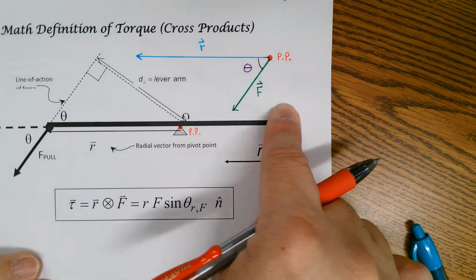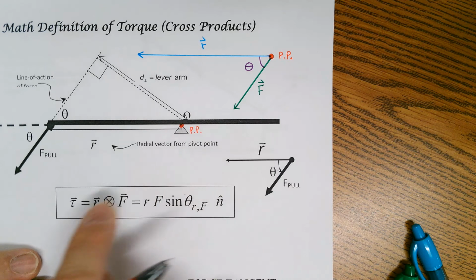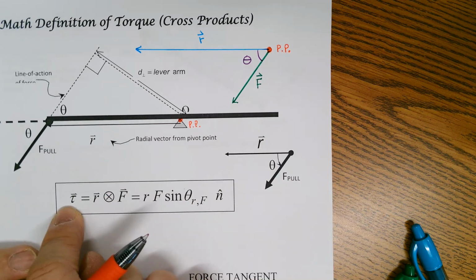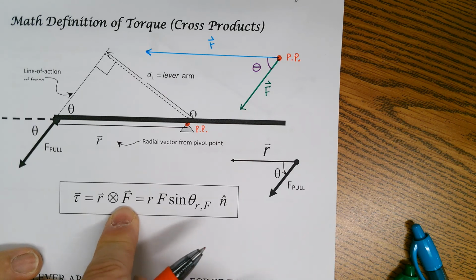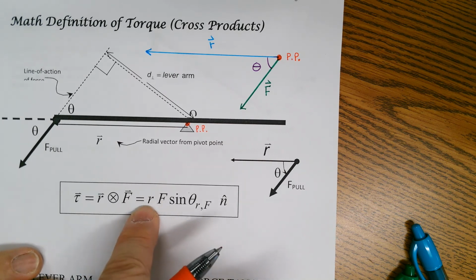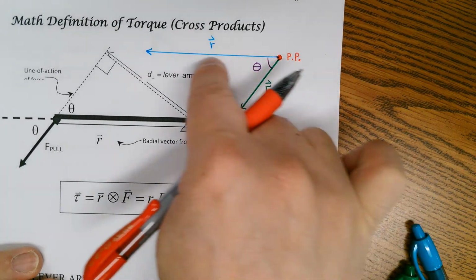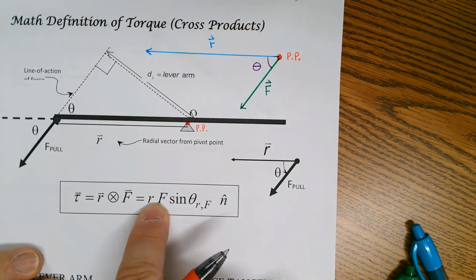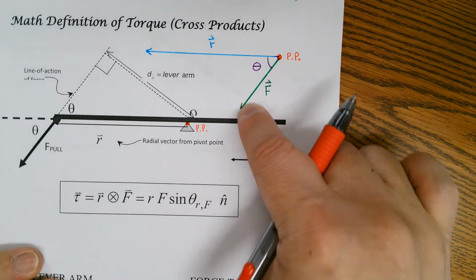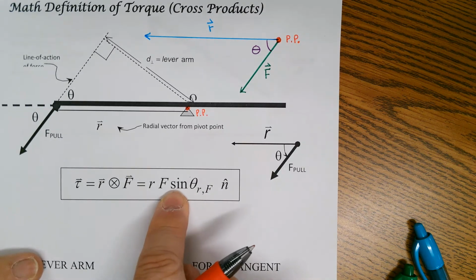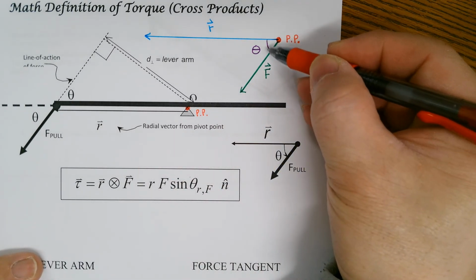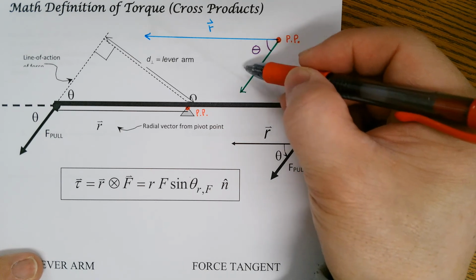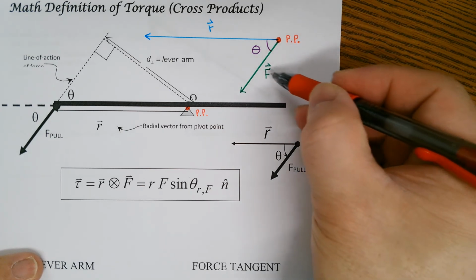And by mathematical definition, your torque is equal to R cross F, which means we're going to have the magnitude of R times the magnitude of F times the sine of the angle between R and F, okay? It has to be the shorter angle, not the other coterminal angle.